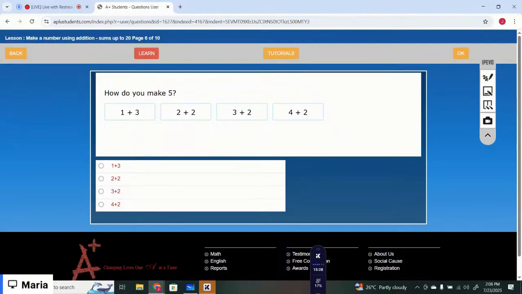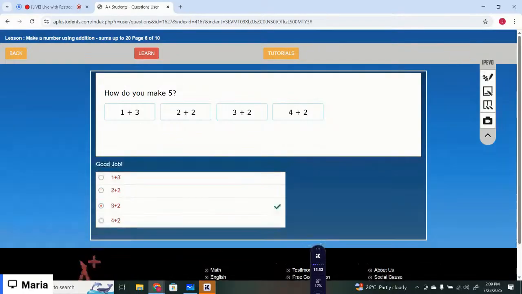How do you make 5, which is the correct option? Very good. 3 plus 2 makes 5. Option number 3 is the correct option.